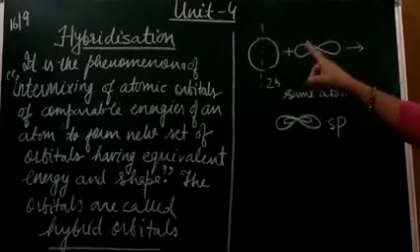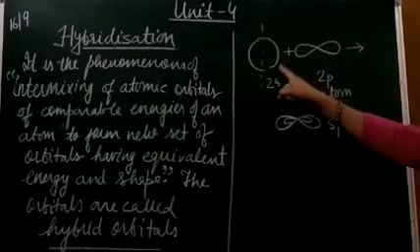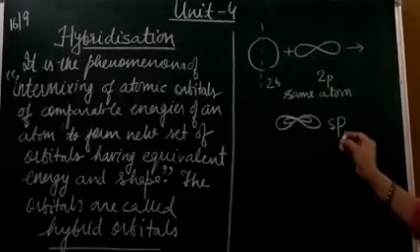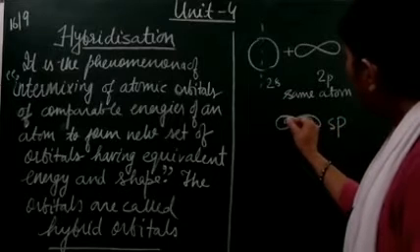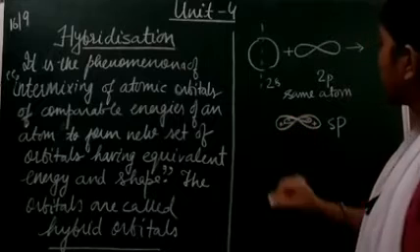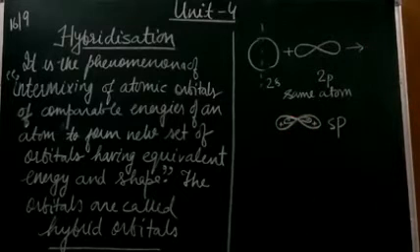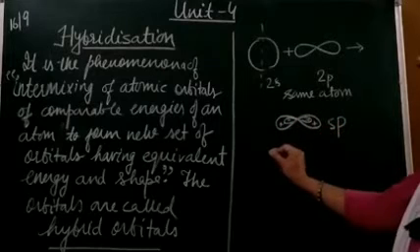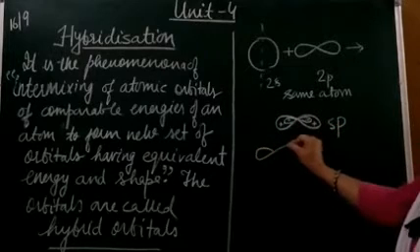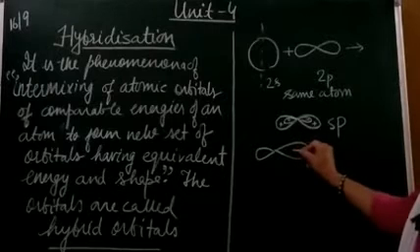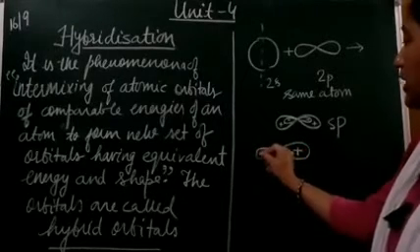If two orbitals are intermixing, we will get two sp hybrid orbitals, students. Here you can see how we represent it. The plus lobe will always be the bigger lobe. If we represent a single sp hybrid orbital, this side will always be plus and this side will always be minus.